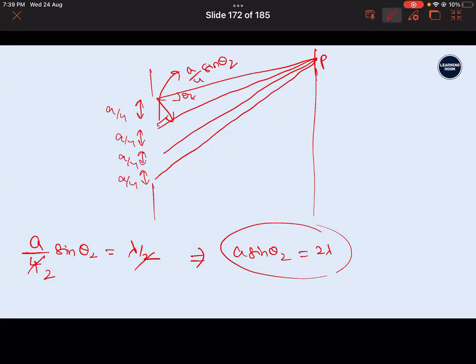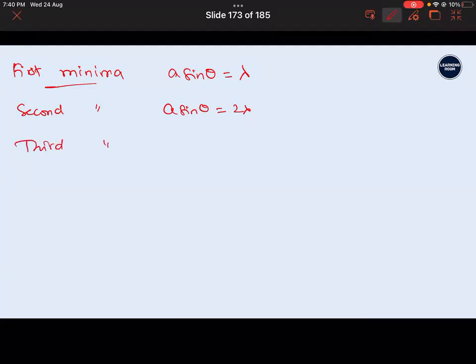So if you keep doing it, for secondary minima, what is the condition for first minima? a sine theta will be equal to lambda. Second minima, a sine theta is 2 lambda. Third, you will break it into how many parts? 6 parts. a sine theta will be equal to 3 lambda.